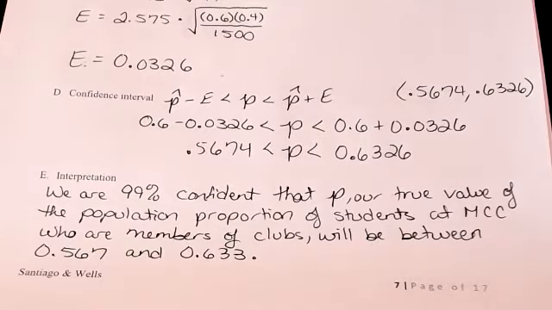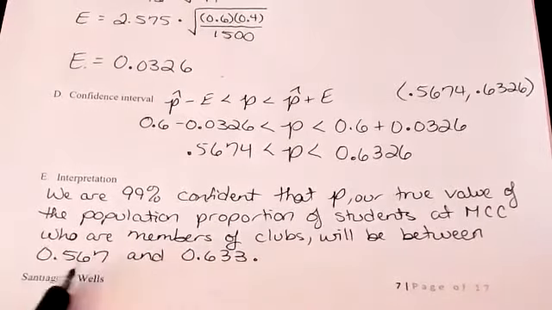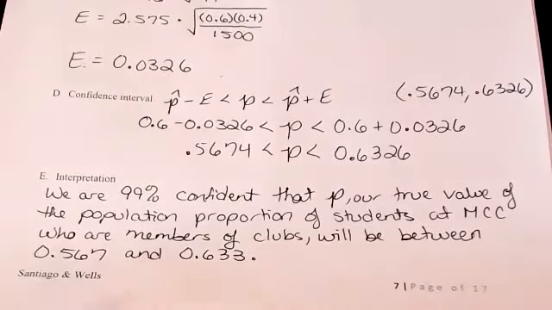That's what we are saying. If we went out and got every single student to respond, we are 99% confident it'll be within this range. The number of students in clubs, 56.7% and 63.3%.